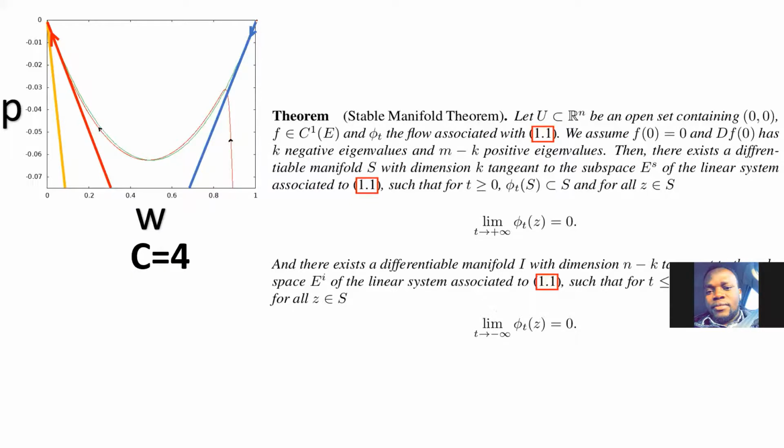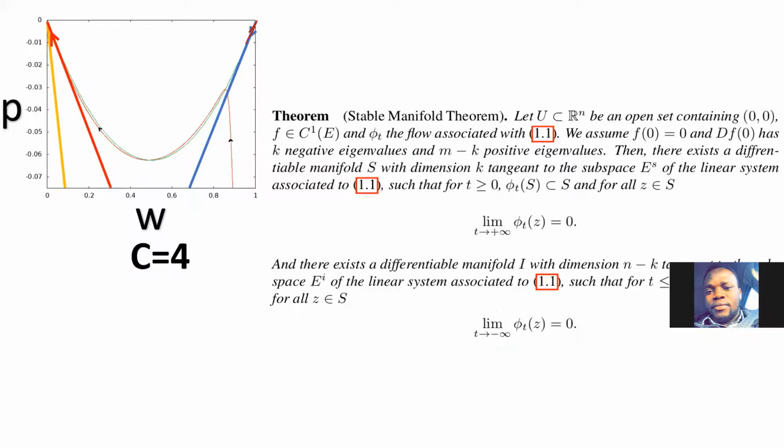So in fact, here in blue, what I represent here is the eigenvector associated with my eigenvalue, which is positive for the Jacobian.